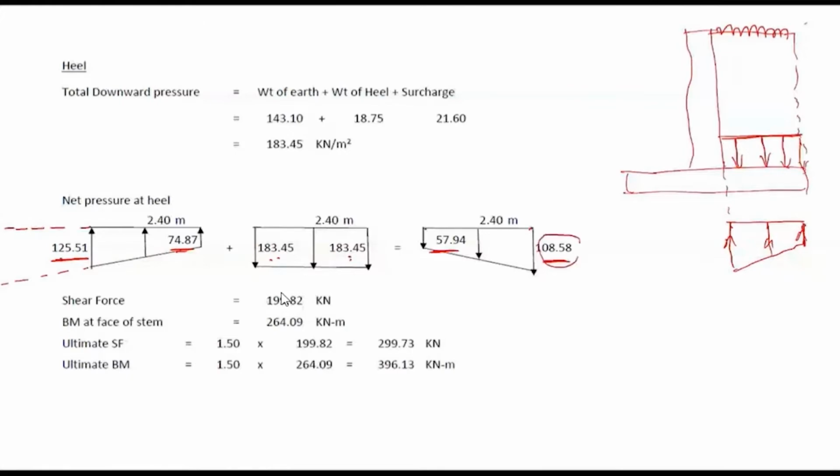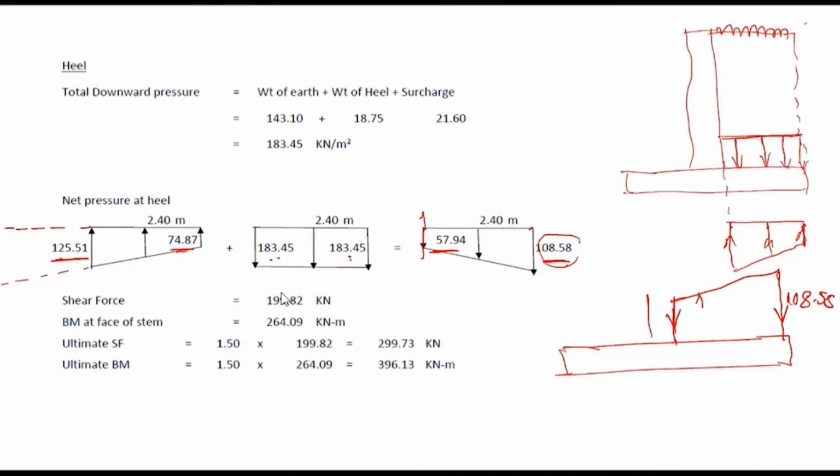Now we will calculate the moment on the heel slab due to this downward force, 108.58 at this location, and this is 57.94. We will divide this into two parts.